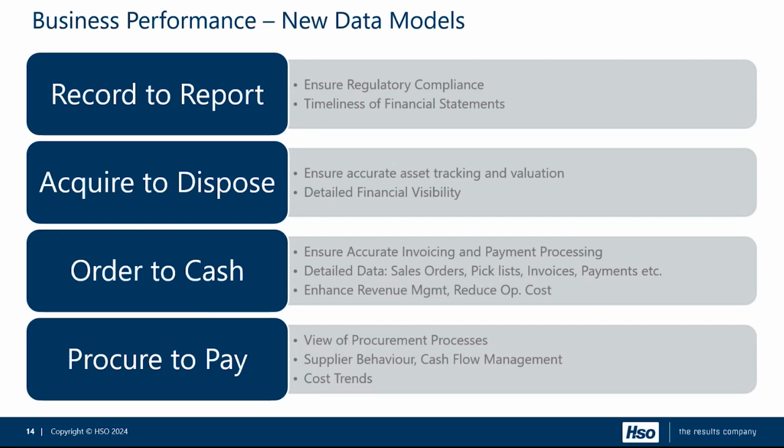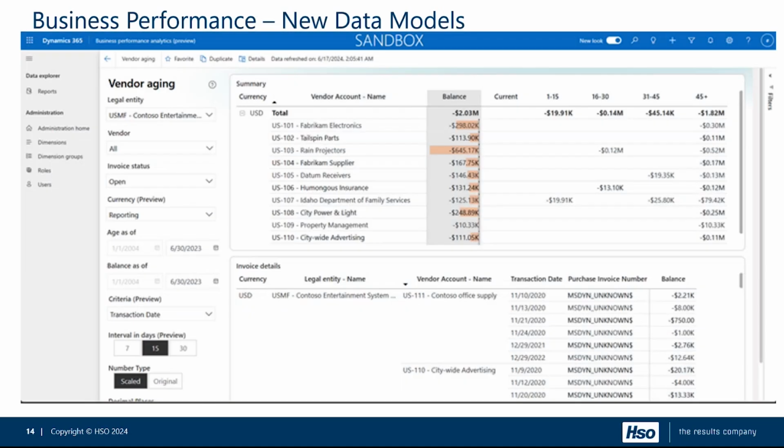Invoicing, payment processing, all the detailed sales data you'd need, such as sales orders, pick list, invoices, all of that kind of stuff. So you can manage your revenue, reduce operating costs if you can find areas to cut costs there, and finally procure to pay. So all of these models are now released or will be released to enhance your ability to report.